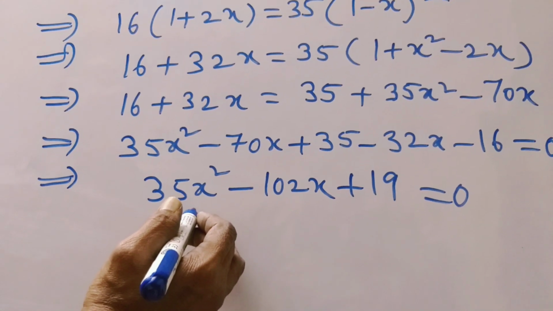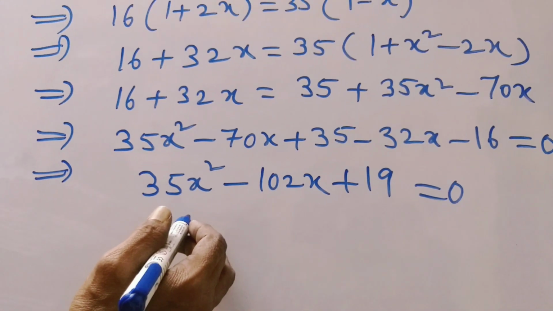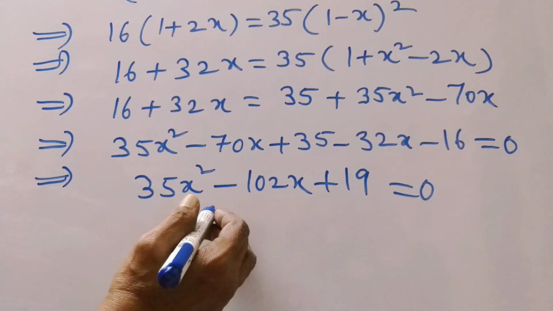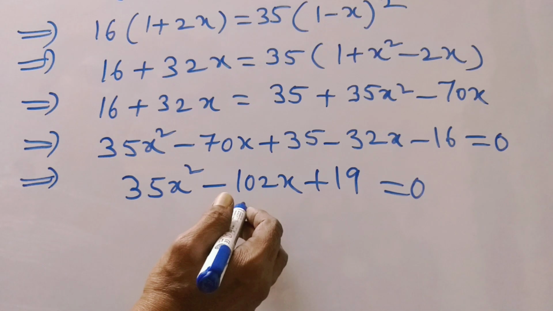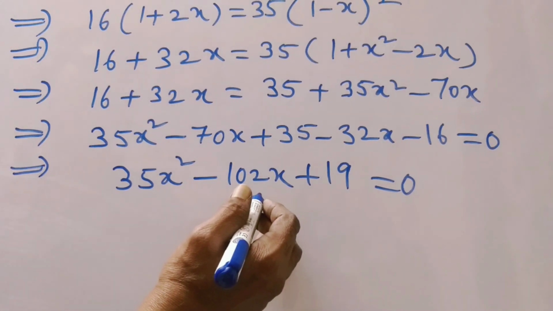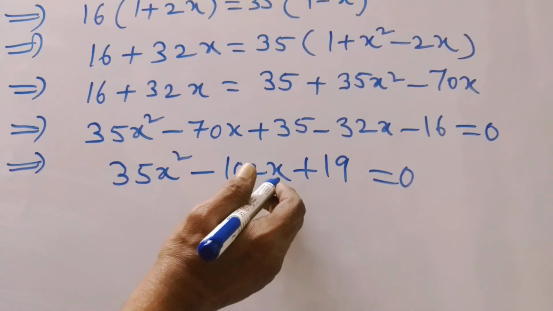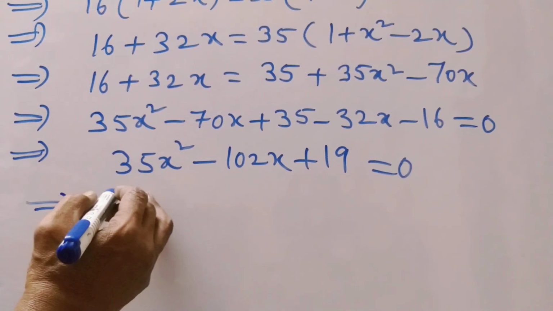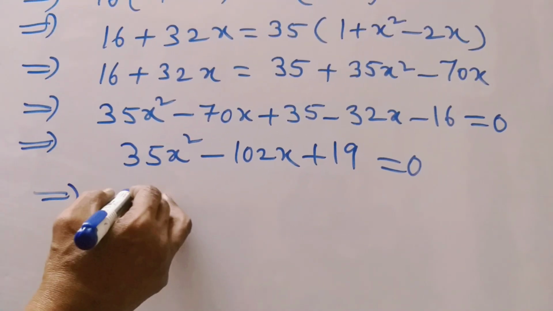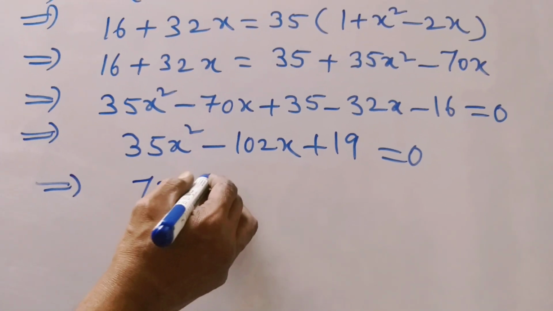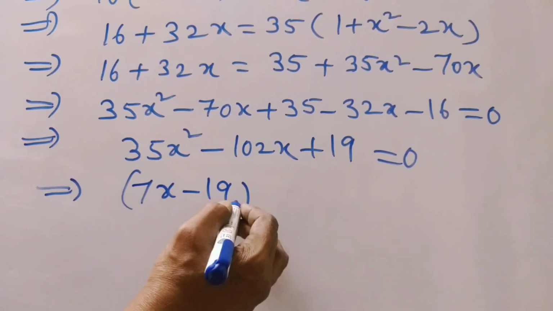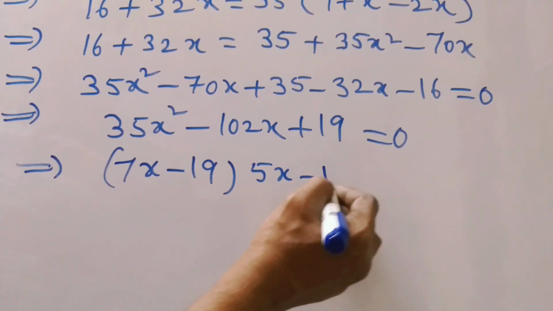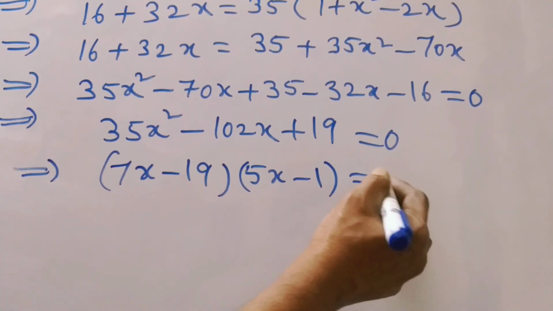To find the x value, one is factorization, and one more is x is equal to minus b plus or minus under root of b square minus 4ac by 2a. On factorization we got this one: (7x minus 19)(5x minus 1) is equal to 0.